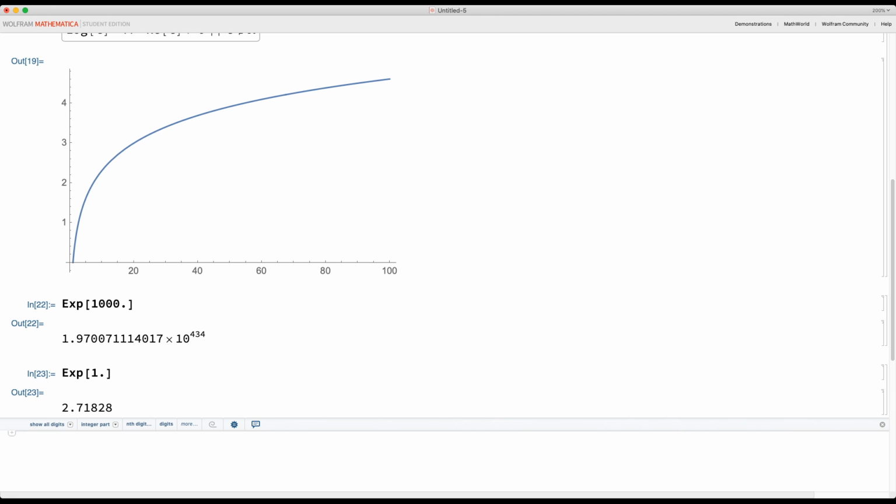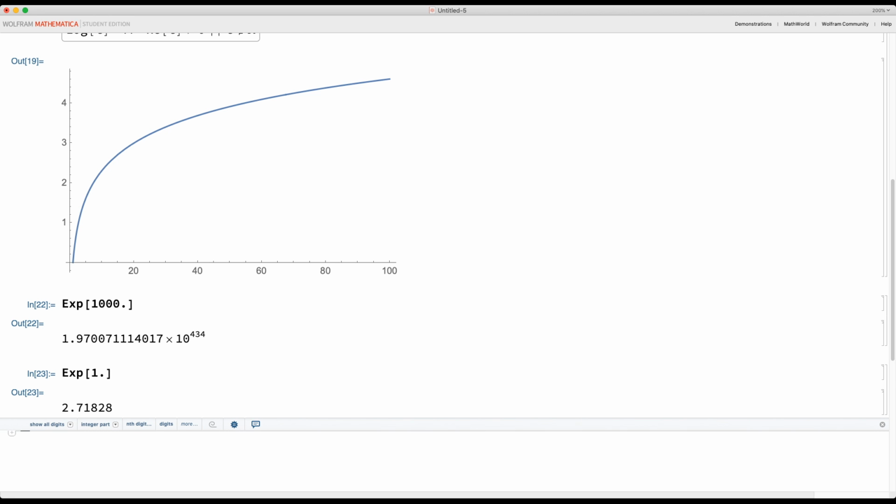Not infinite, it's just that you can't express that ratio as a ratio of whole numbers. So that's what it means to be irrational. The transcendental thing is a lot more complicated, and we can talk about that privately. But my point here is that e to the 1,000 is absolutely gargantuan, right?